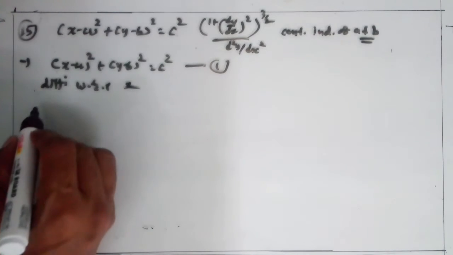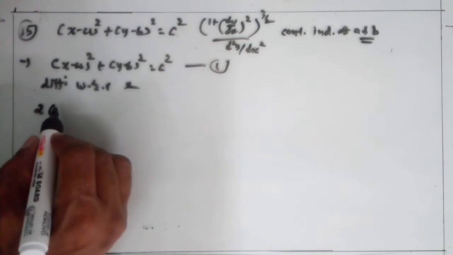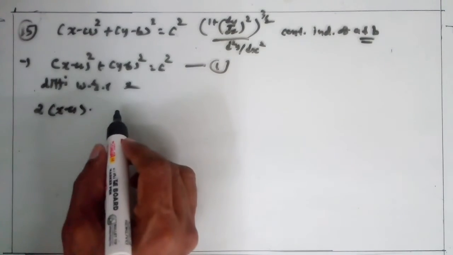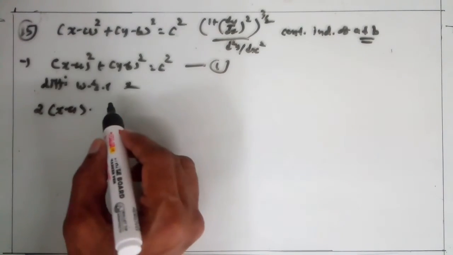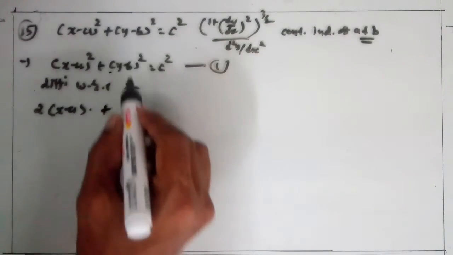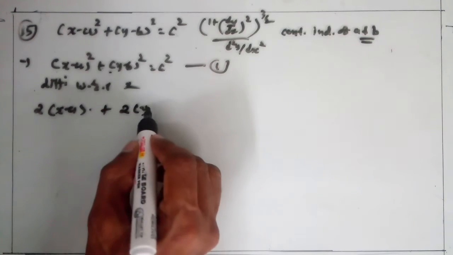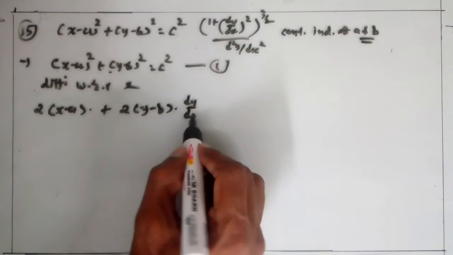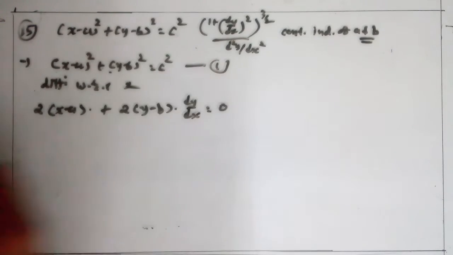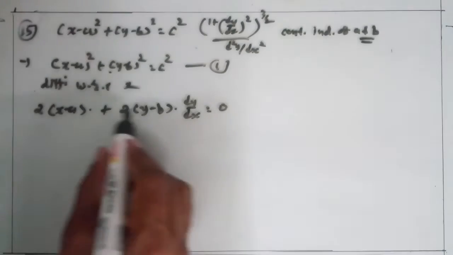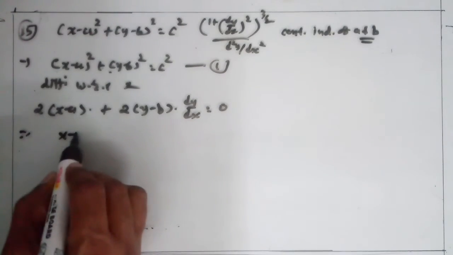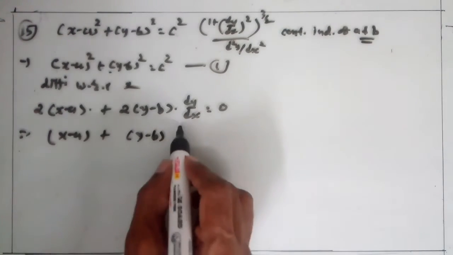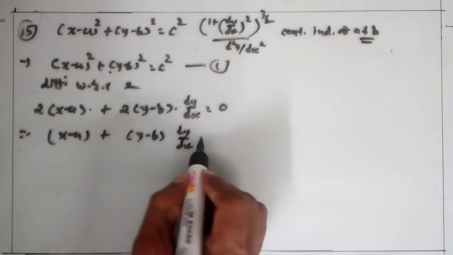The derivative of the first term is 2(x − a) into the derivative of x, which is 1, the derivative of a is 0, plus 2(y − b) into dy/dx equals the derivative of the constant term, which is 0. Dividing by 2, we get (x − a) + (y − b) dy/dx = 0.